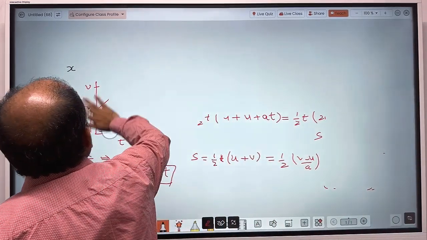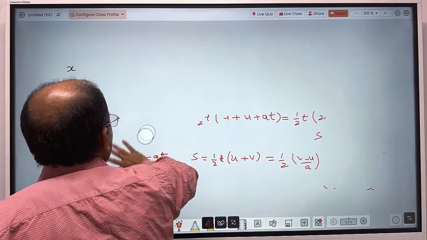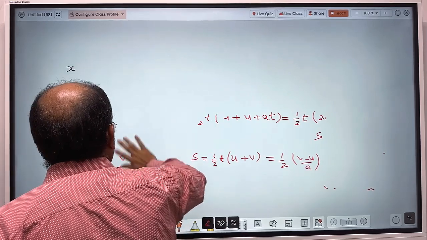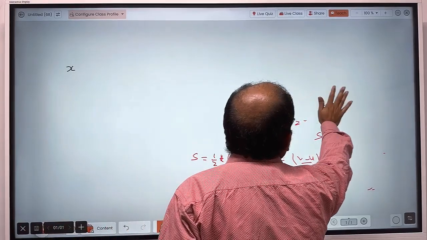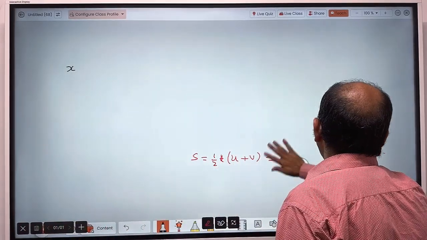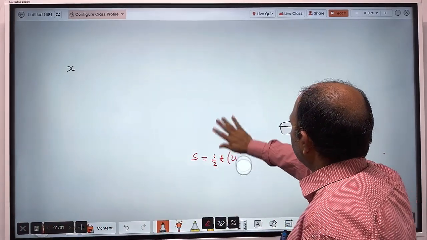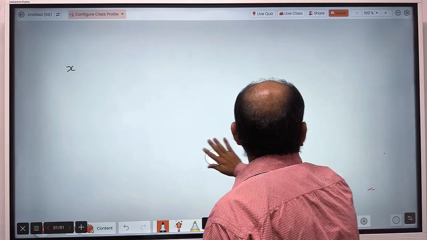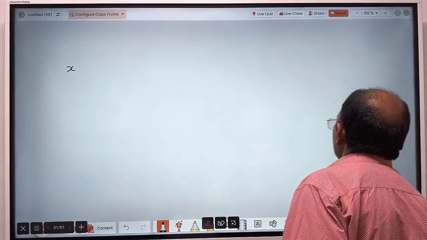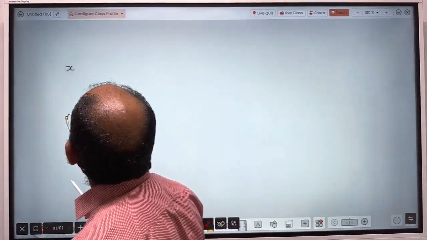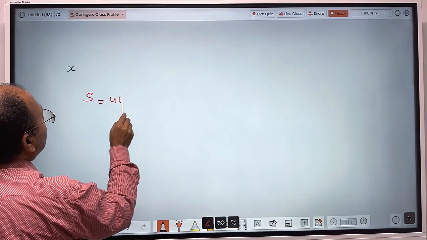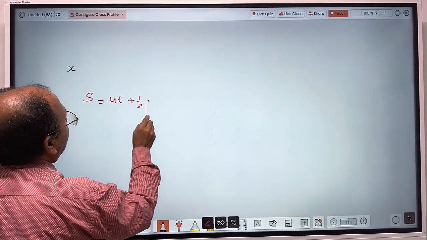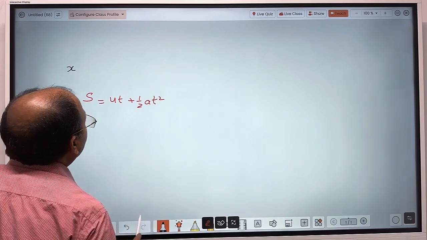In lower classes we have studied that only 3 equations of motion are there. Here fourth equation of motion will also be there. So let's derive it. So for this we consider second equation of motion and we change the concept of time here. So s equal to ut plus half at square.